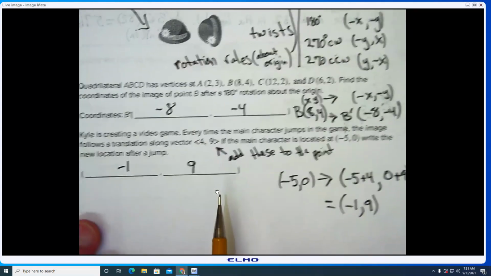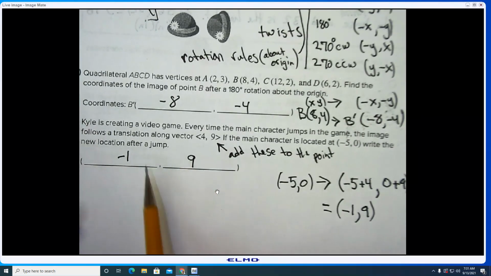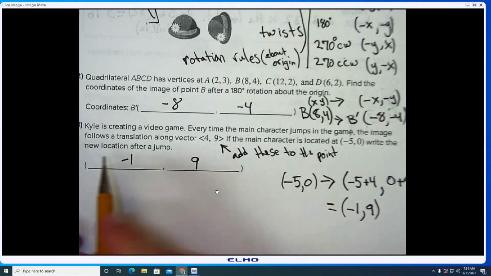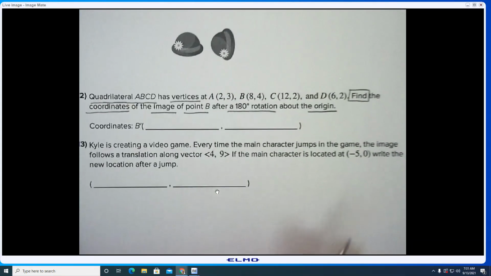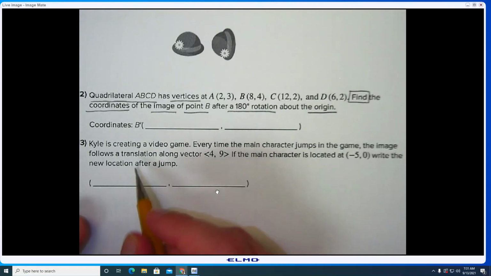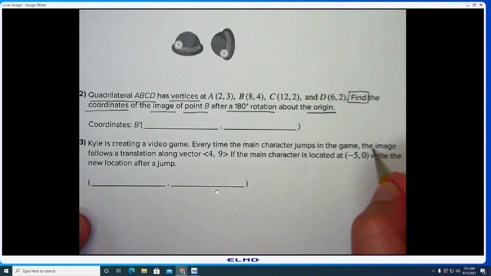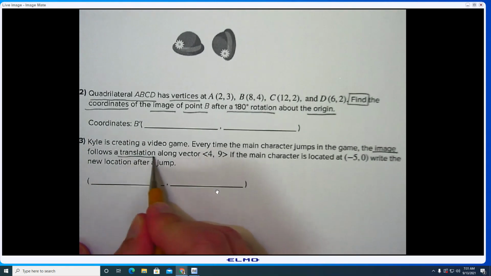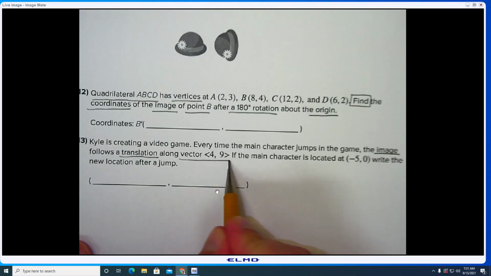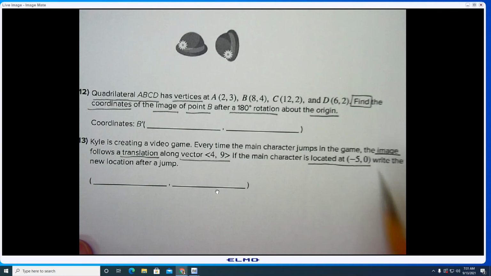The next one is a translation. Let's go through it. Kyle is creating a video game. Every time the main character jumps in the game, the image, that's some vocabulary, follows a translation along this vector. The main character is located at this point.